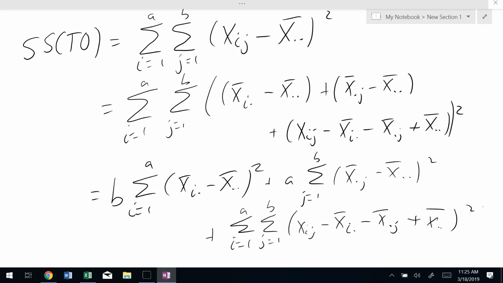So it's chi-squared on a minus 1 degrees of freedom for the exact same reason it was in the previous section.